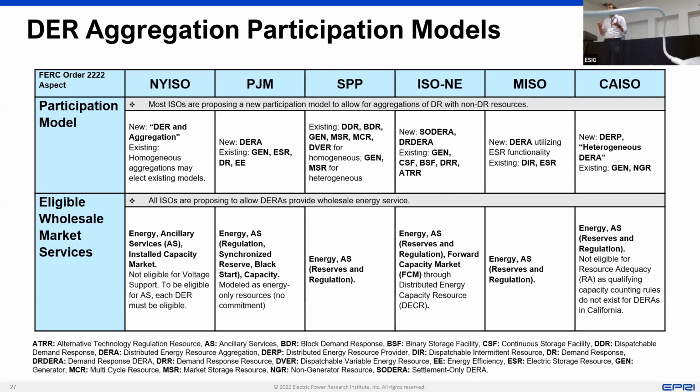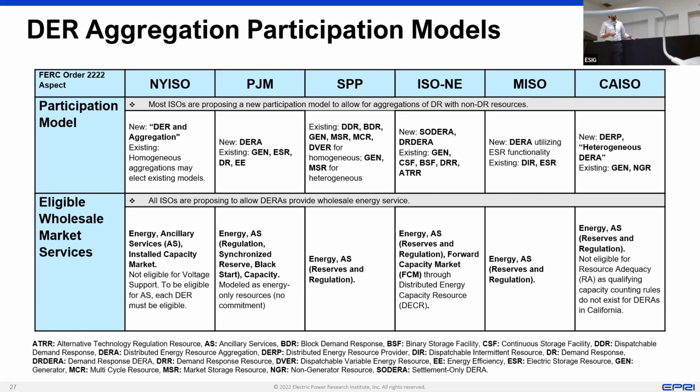All of that can be in one DER aggregation. What we saw is that some of the market regions introduced new participation models specifically for DER aggregations, whereas others said, we're going to keep the ones we have, and these DER aggregations can use these existing participation models. And there were some differences in how they did that.